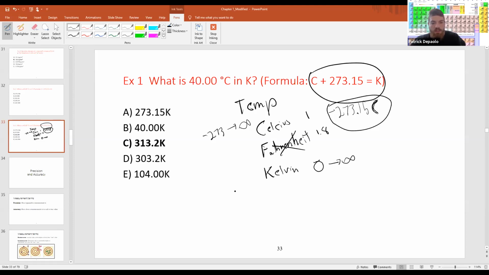Subtract 70 degrees, you get to 200. That is probably the coldest temperature ever on Earth, 200 Kelvin, maybe in the Siberian tundra in Russia, where it got to a crazy cold temperature.